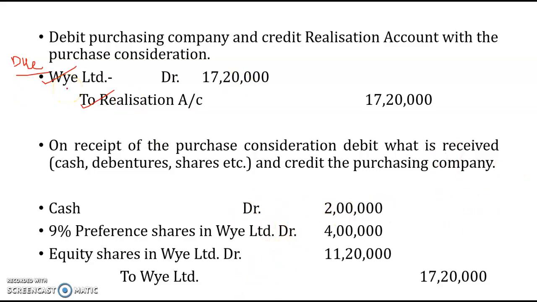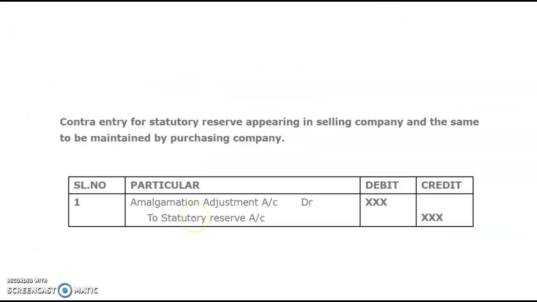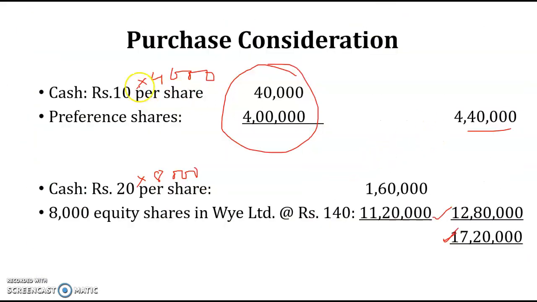Next, on the receipt of the purchase consideration, debit what is received and credit the purchasing company. So we receive cash, like we see here, 40,000 plus 1 lakh 60, that becomes 2 lakh.